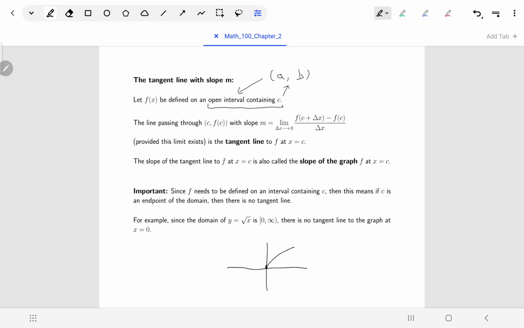The graph begins at x equals 0. So you could find a tangent line at 0.1 or 0.2 or 0.3, any small value close to 0. Yes, a tangent line will exist because there is some graph happening on the left and on the right of those points. But at 0, there is no graph happening to the left of it, which means you will not be able to find a tangent line to square root of x when x is 0.